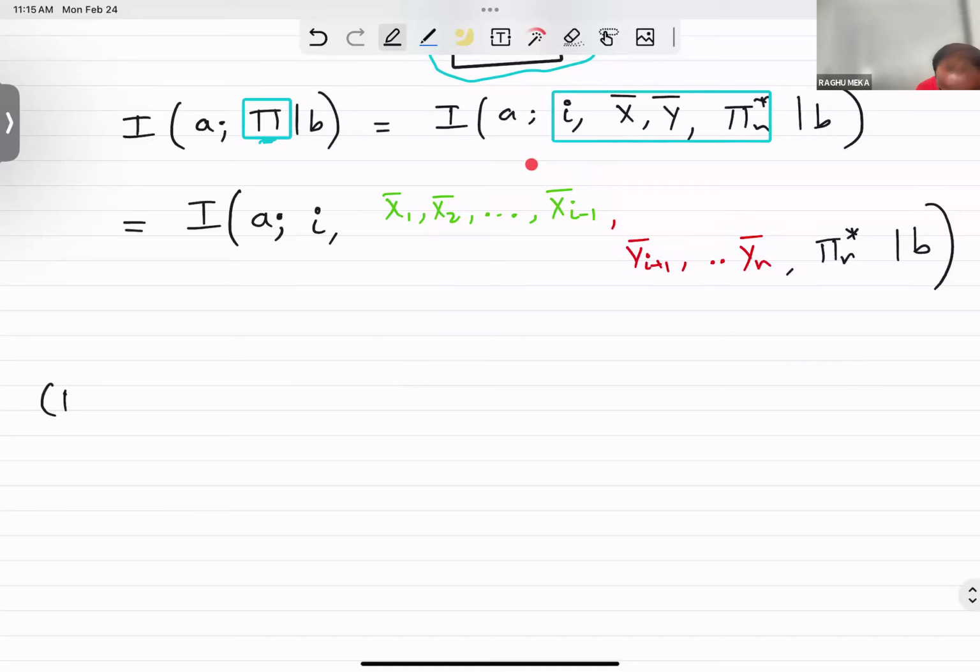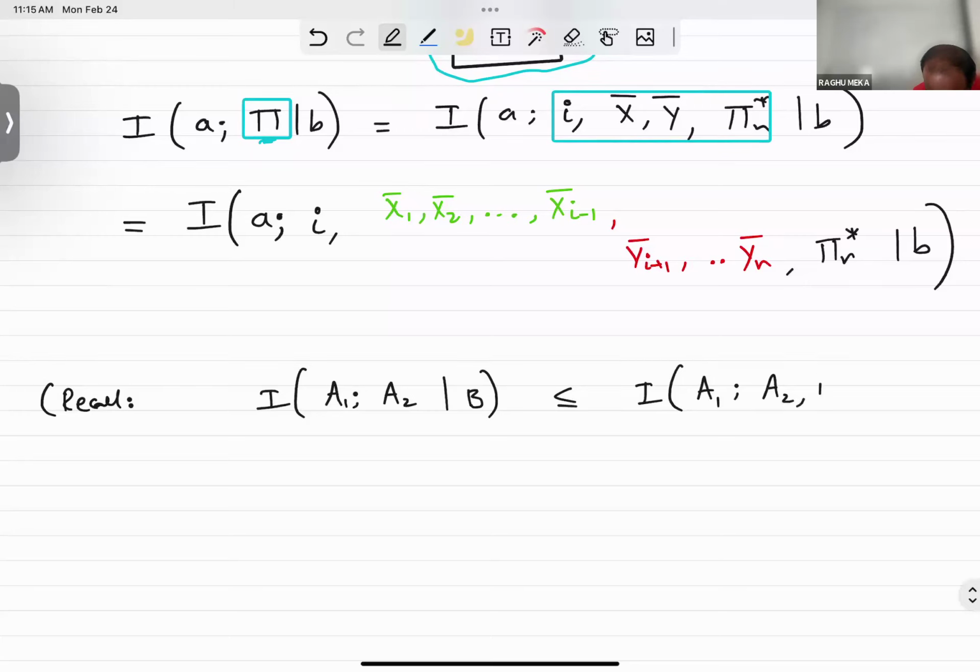Recall, I'm just saying that if I'm trying to measure the mutual information between A1 and A2, if I had some new stuff here, it's only going to increase the mutual information.